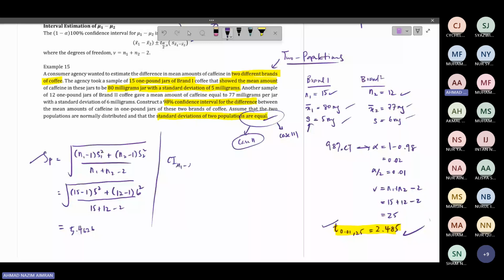So this is 80 minus 77 plus minus the T critical value 2.485 times 5.4626 times the square root of 1 over N1, 15, plus 1 over N2, 12.